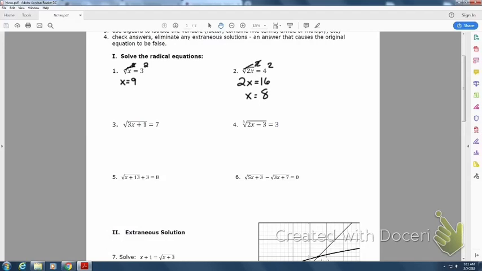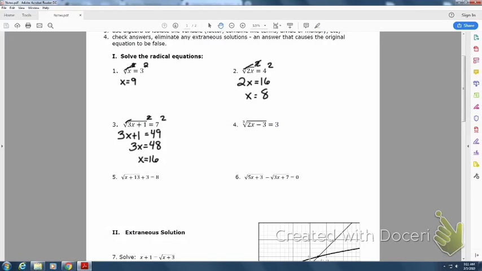You need to square it. Mark, after that, what do I need to do? Subtract 1. And then? Divide by 3. Carson, on 4, what do I need to do first?